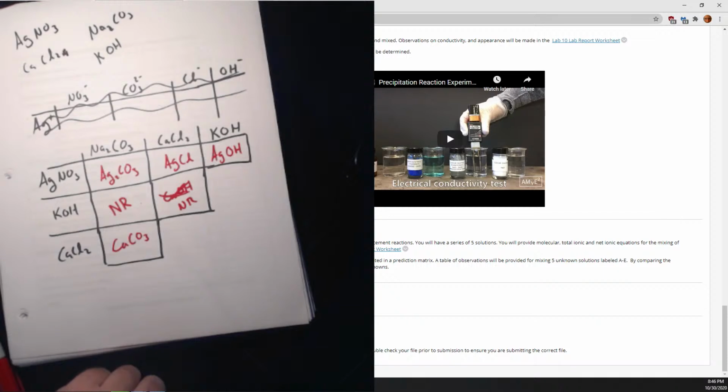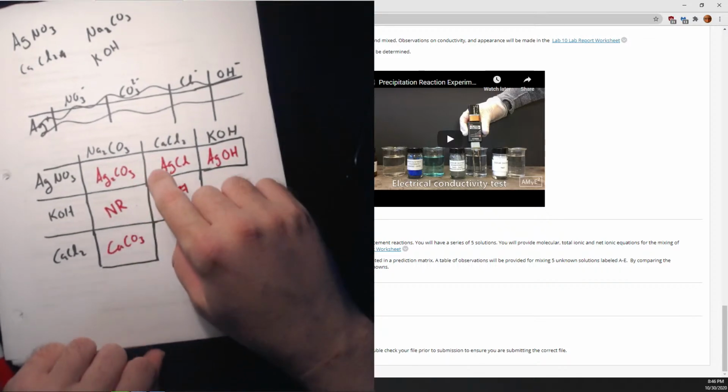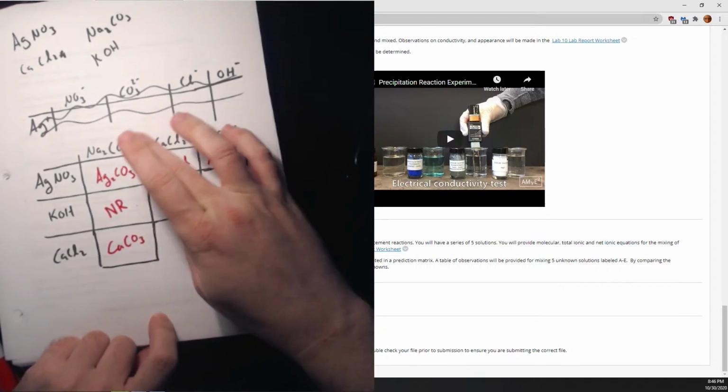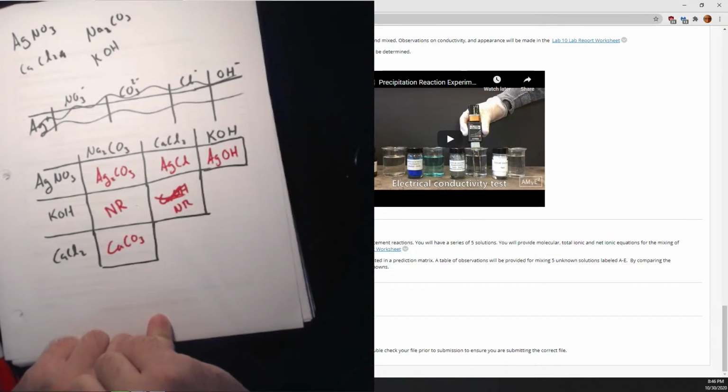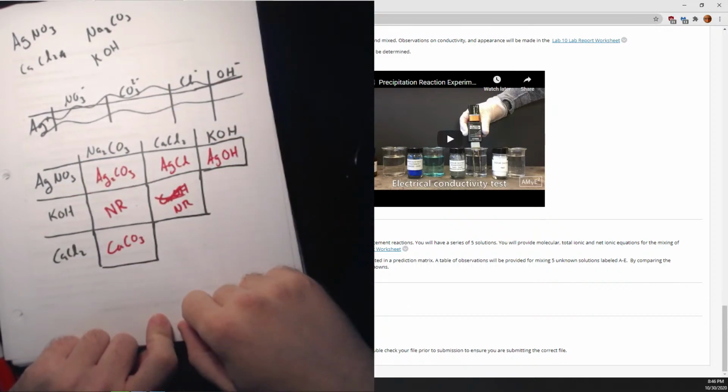And you would know which was which because of the way they interact with one another. Although in this case, I chose this poorly because you would have no good way of distinguishing the sodium carbonate and the calcium chloride. Doesn't matter too much. But the silver nitrate would be immediately obvious, as would the potassium hydroxide.